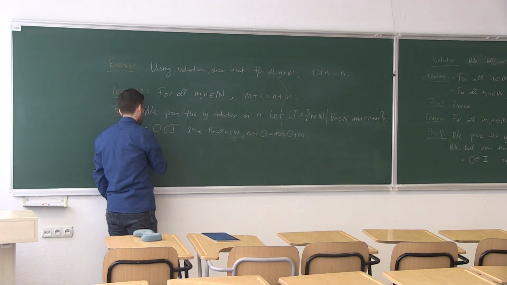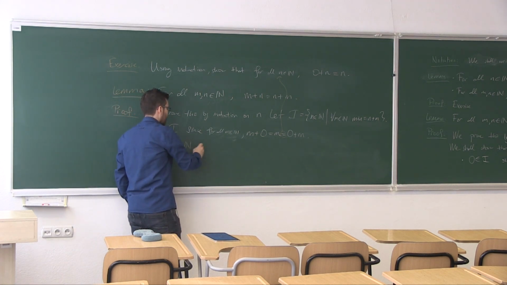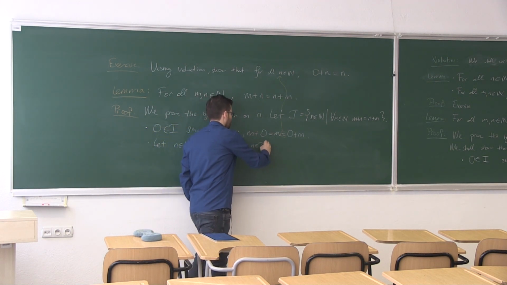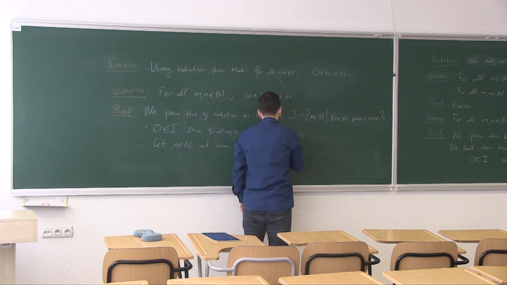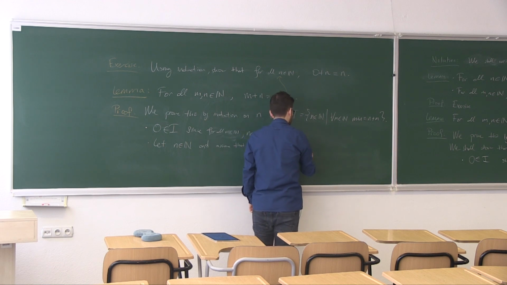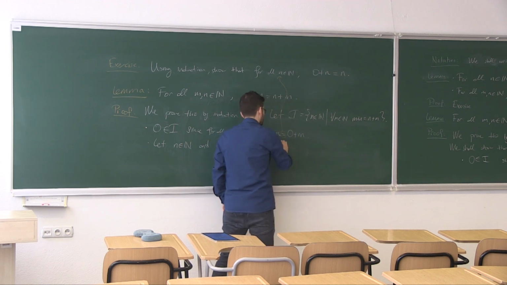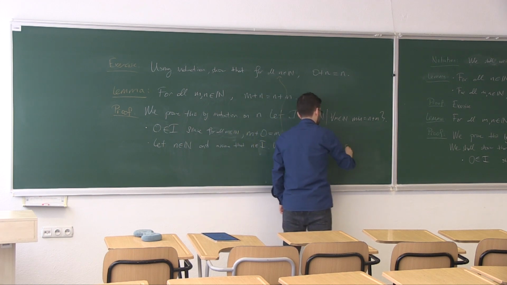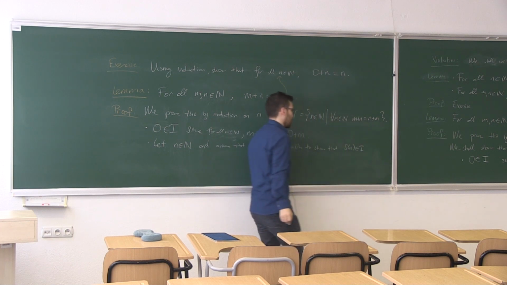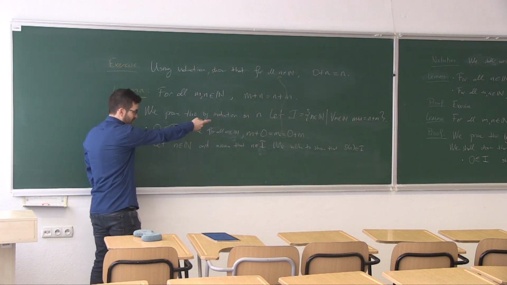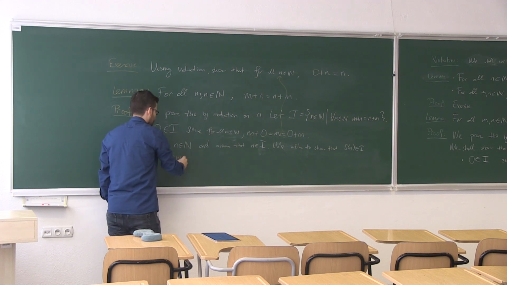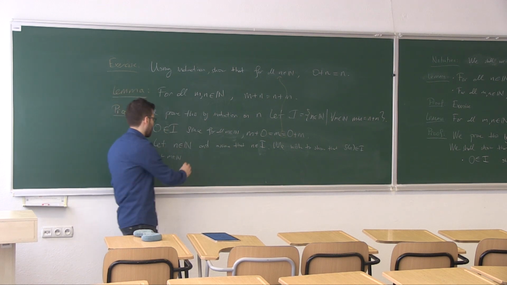Now, let n be a natural number and assume that n is in I. We wish to show that S of n is in I. So let m be some natural number.